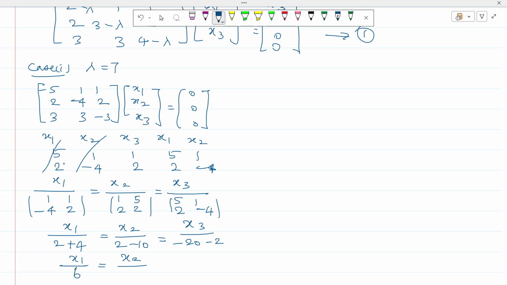So minus 5 here, then 2 plus 10, 1, 3 plus 20 minus 2. Therefore x1 by 6, x2 by 12, x3 by 18. So this is equal to 1, 2, 3.